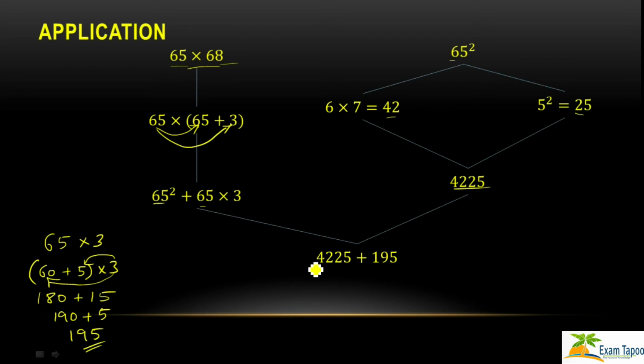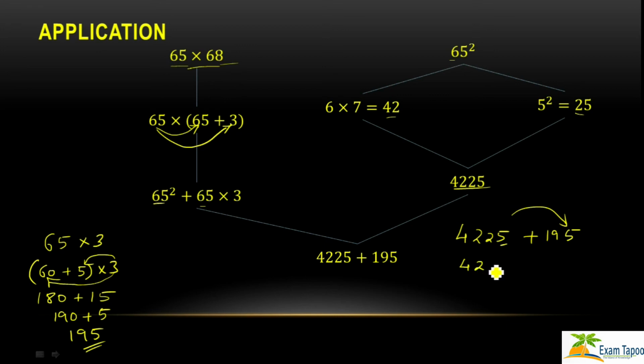So 4225 plus 195. Now how will you add this? What I will do is shift this 5 from this number to this number, because if I add 5 to 195, it will become 200.